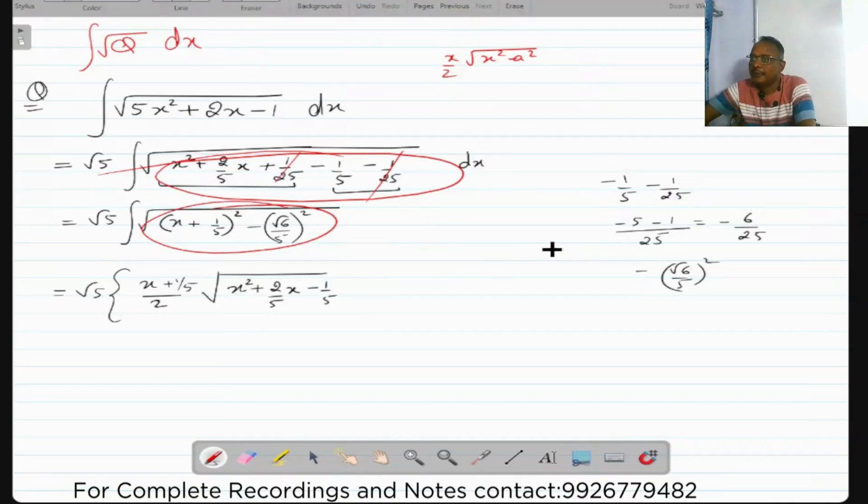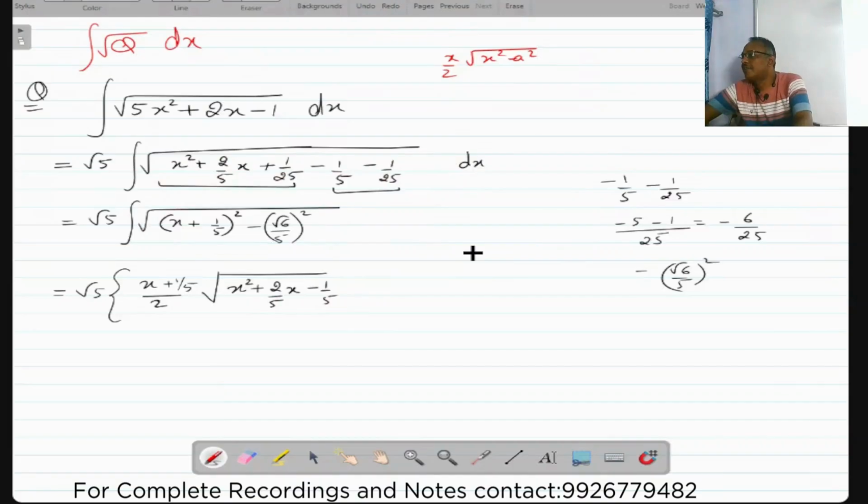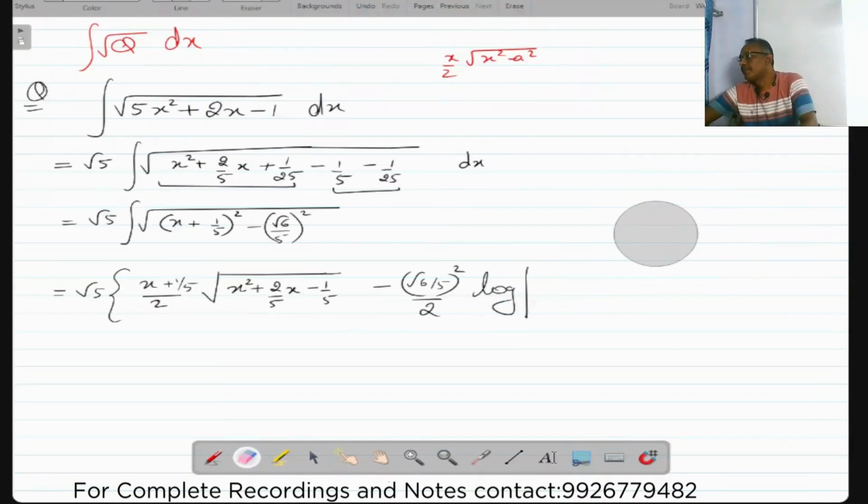Okay? So 1, 2 and 3 terms are only left. And after that plus a square, no, minus a square. So root 6 by 5 square by 2 log of, what is the formula?